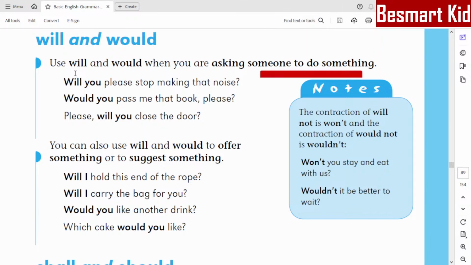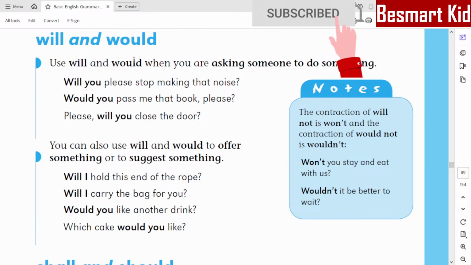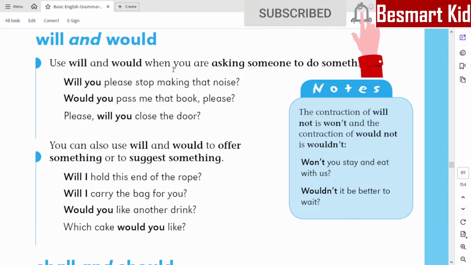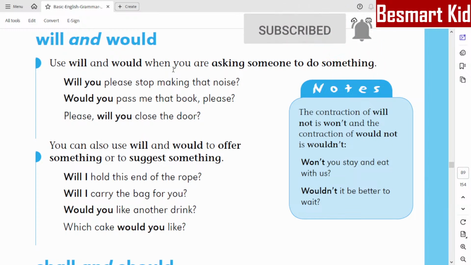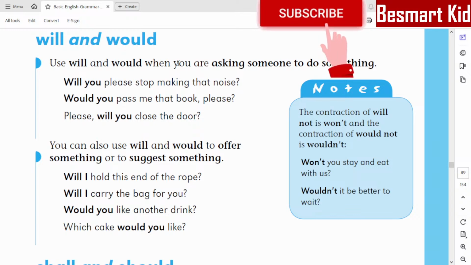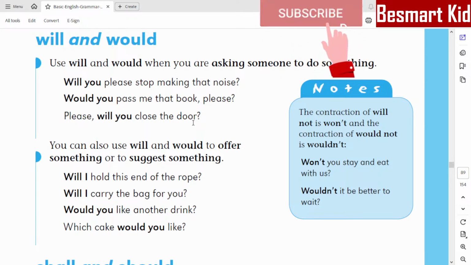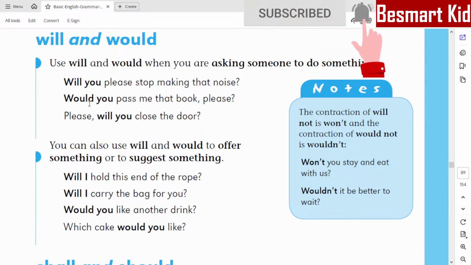Now let's see, will and would. Use will and would when you are asking someone to do something. Will you please stop making that noise? Would you pass me that book, please?